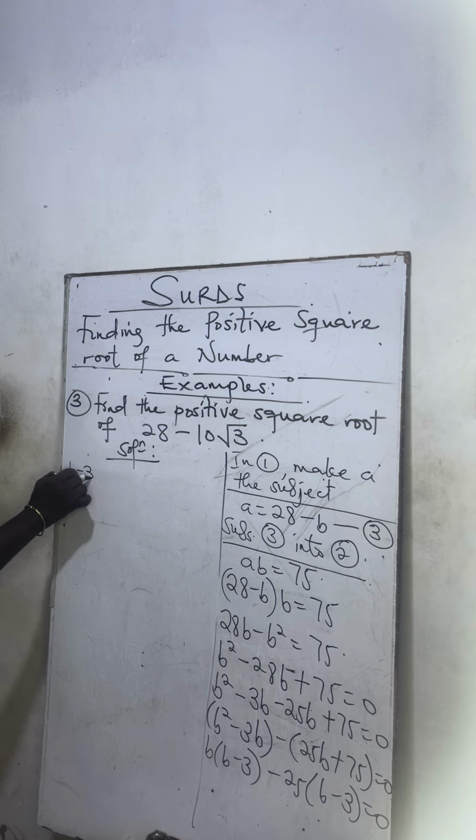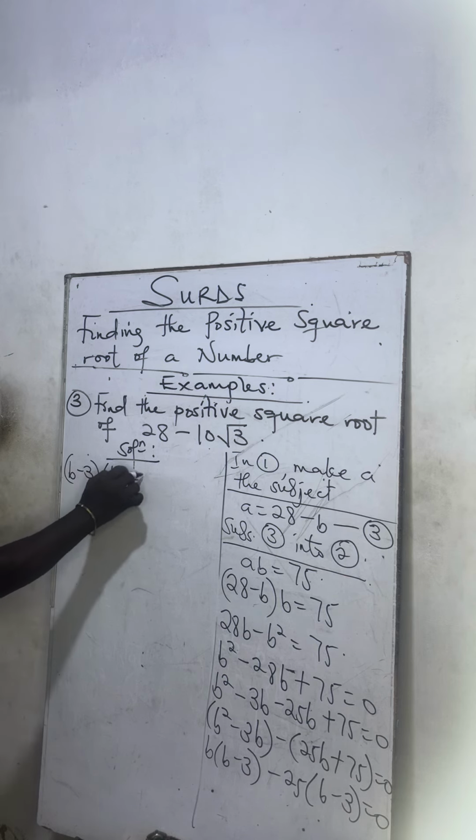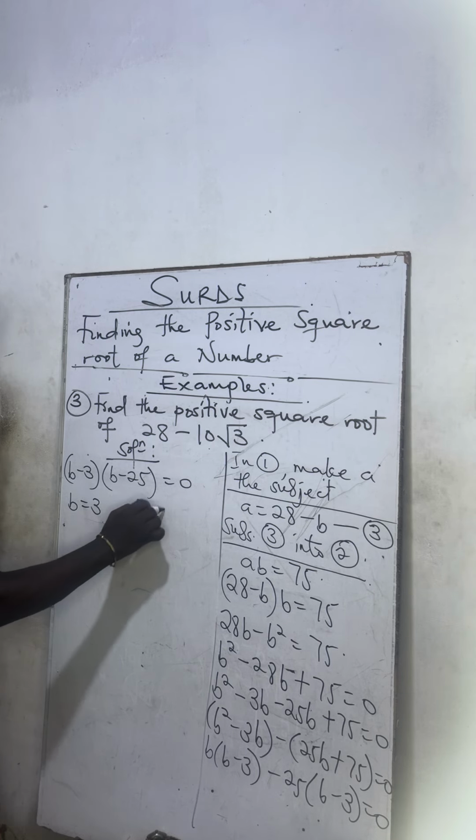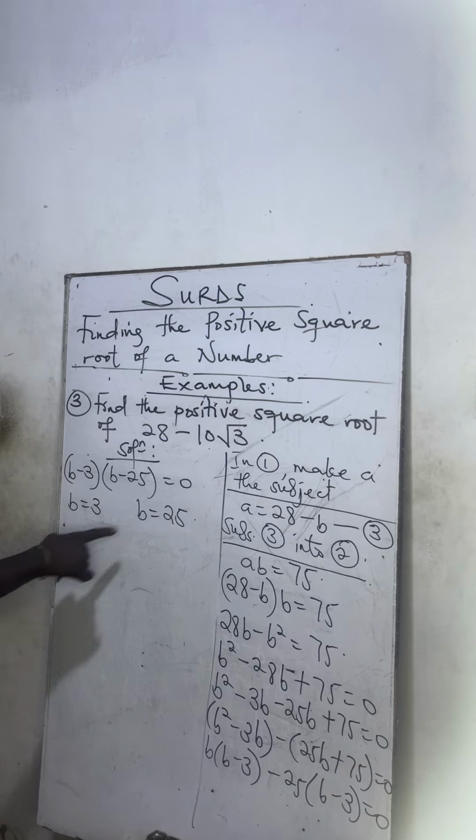So B minus 3 times B minus 25 equals 0. By using the null property, we have B minus 3 equals 0, which is B equals 3, then here B equals 25.